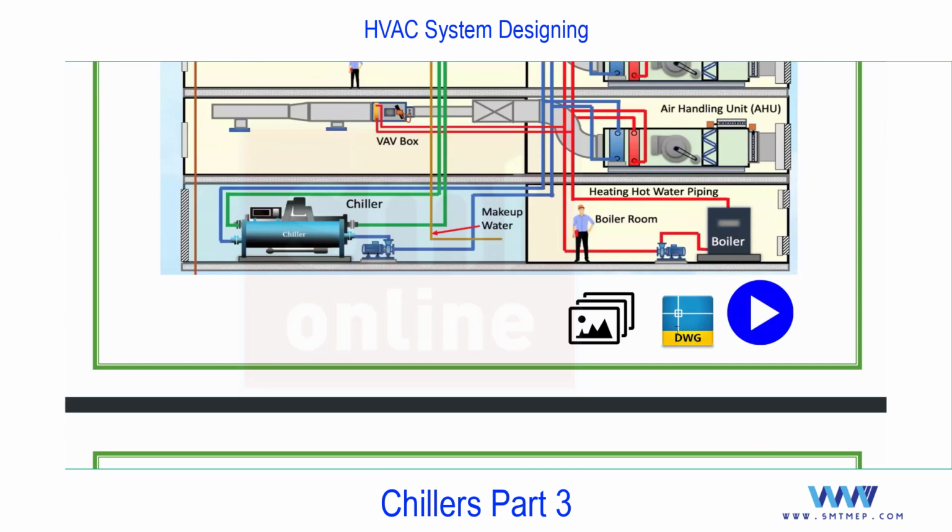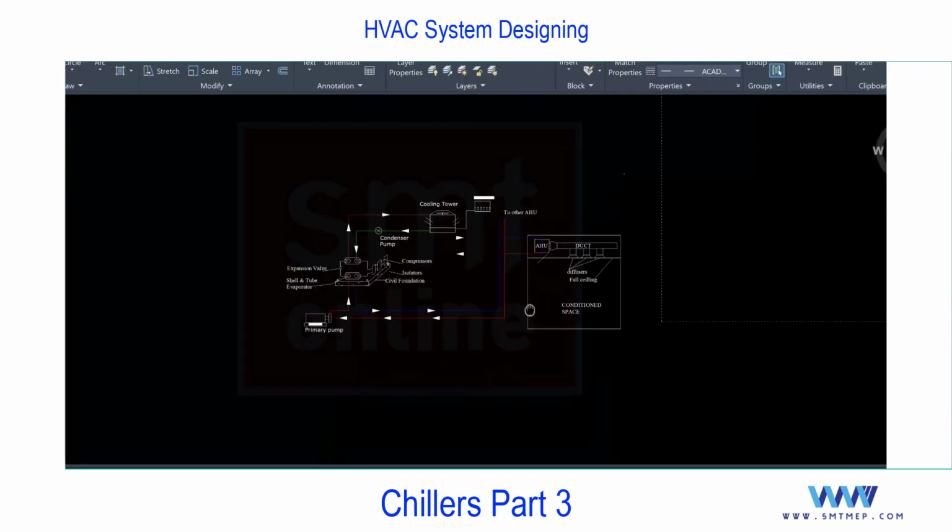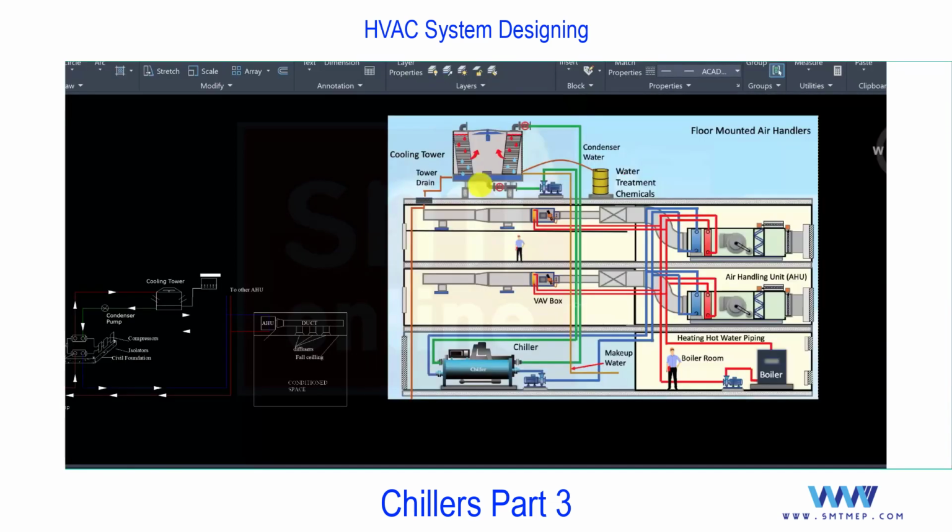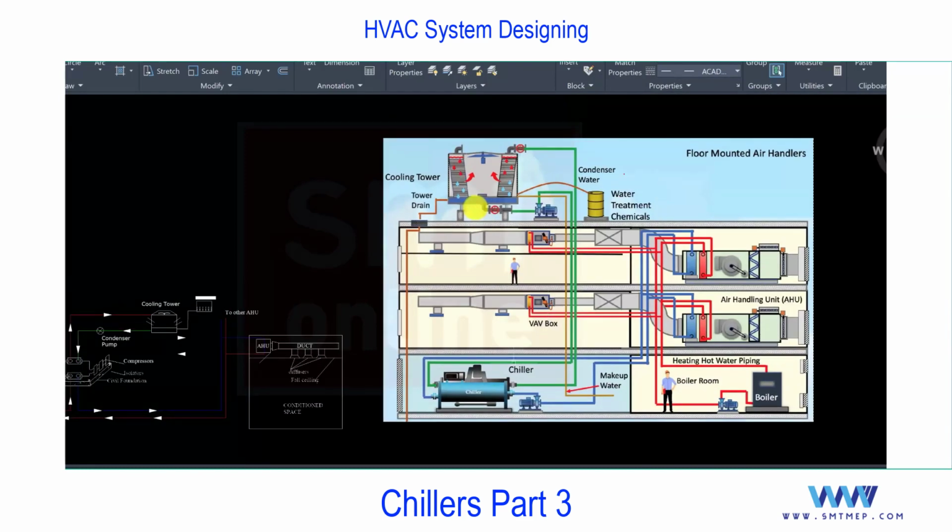We'll try to understand with the drawing. First of all, with this image, what are the additional components in this? This green color line is the condenser piping, so you'll find an additional cycle. And this cycle from the chiller is connected to, you see, a cooling tower. The cooling tower is a simple construction. It is used to cool the water, and the concept is evaporative cooling, like an air cooler.